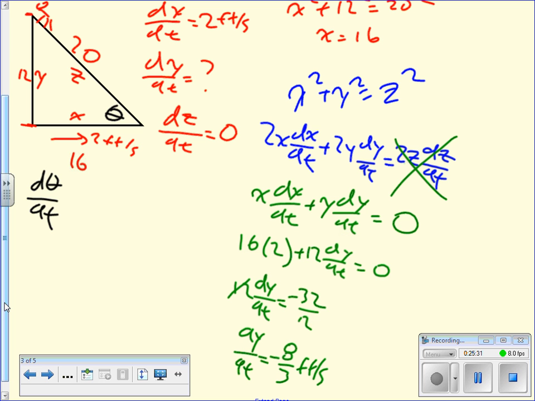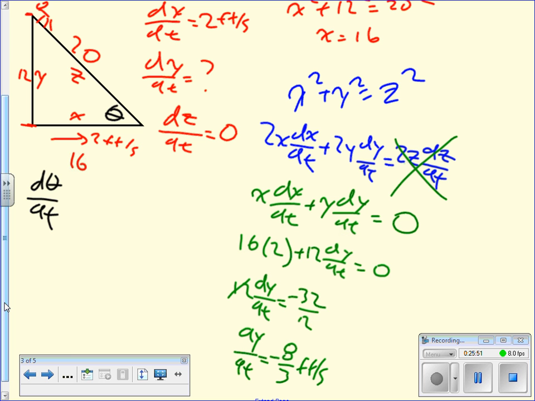I would like to avoid using -8/3. It's the only fraction we have. We don't want to use fractions if we don't have fractions. So, how can I relate theta to two of the sides?